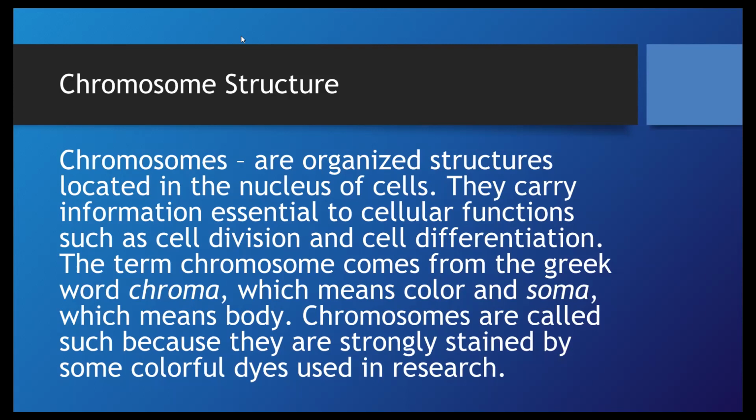Chromosomes are called such because they are strongly stained by some colorful dyes used in research. We usually put colors or dyes on them in order for these to be seen under the microscope, because these are highly transparent.